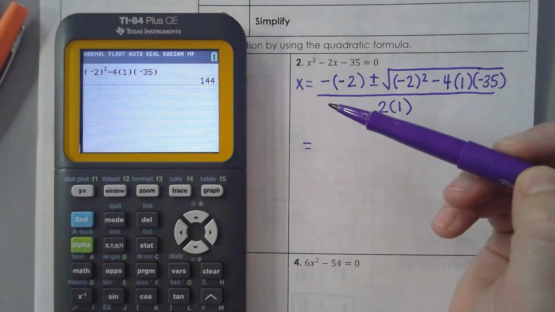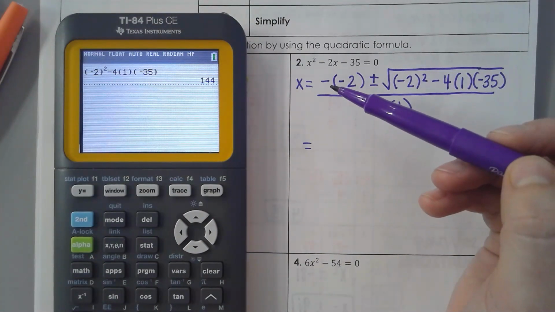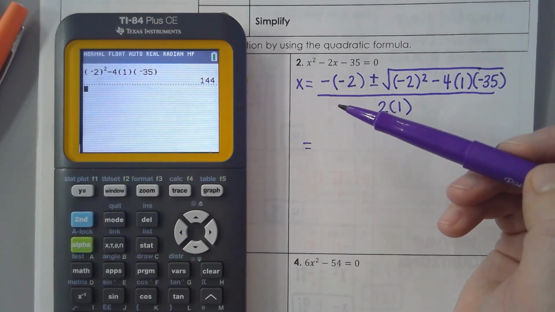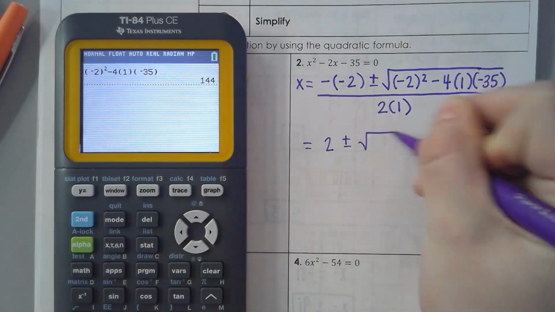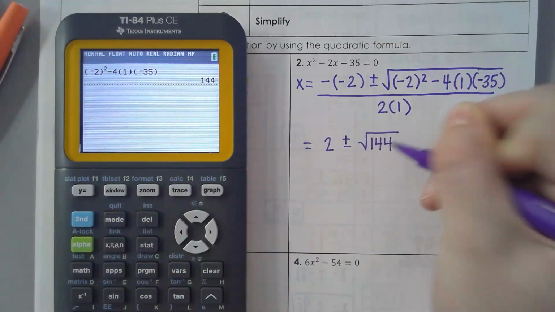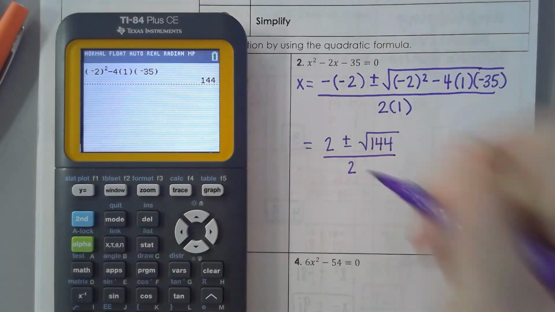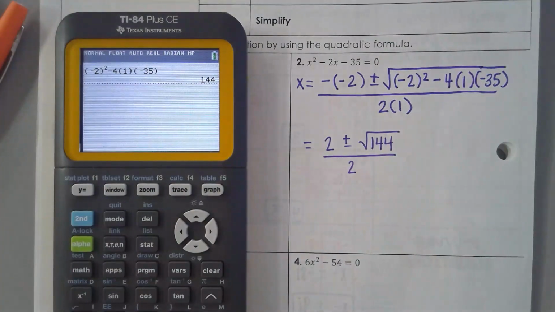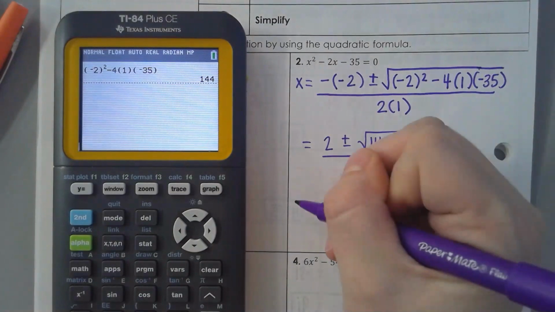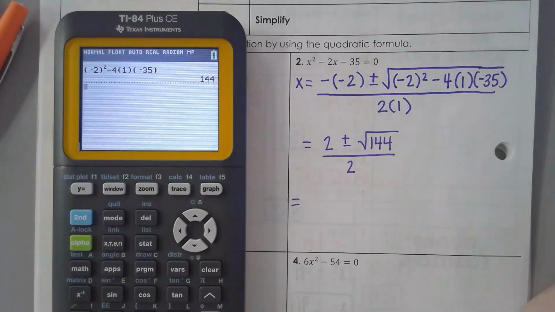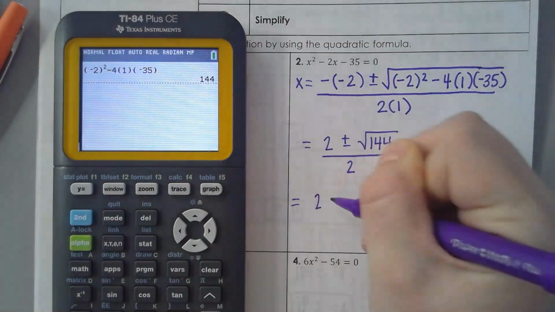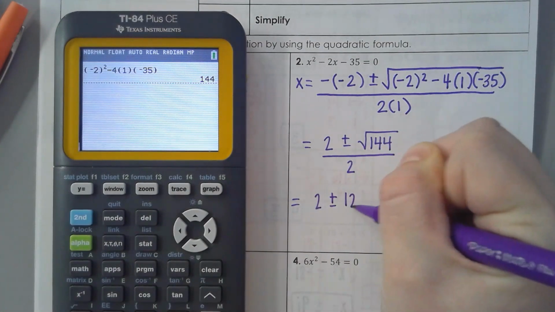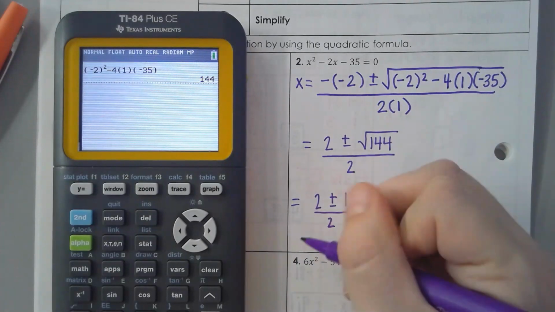So back up here, what's negative 2? Positive 2. Plus or minus the square root of 144 over 2. What's the square root of 144? 12. So this is 2 plus or minus 12 over 2.